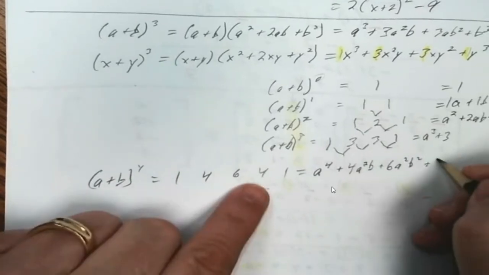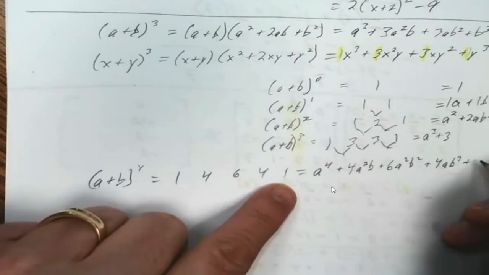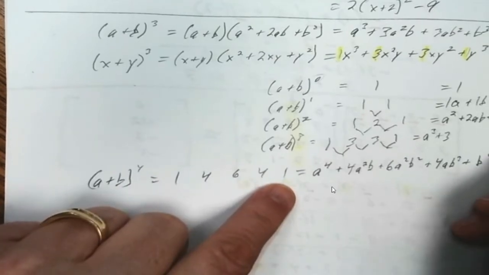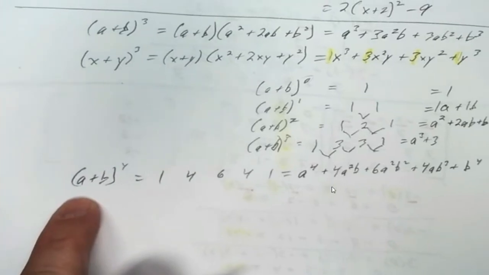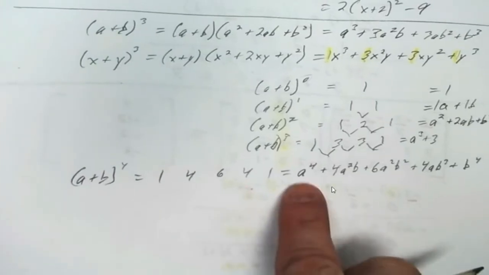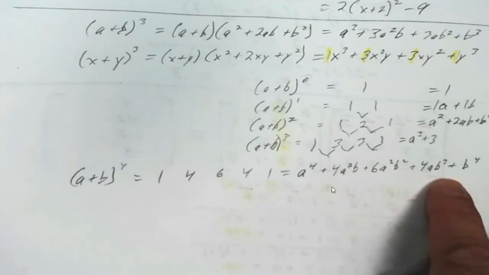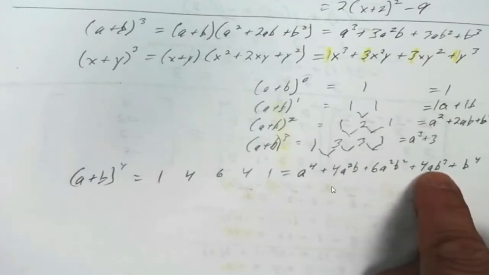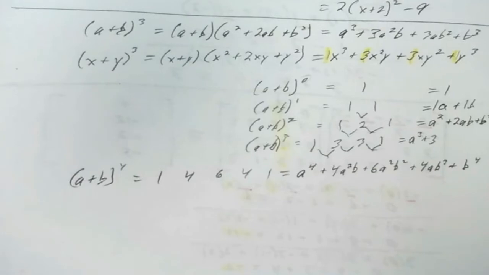Plus another 4ab to the third, and then finally just 1b to the fourth. So if we had x minus 2, we could just substitute 2 and x in there and then solve it. Because 2 squared, 2 to the third, 2 to the fourth, we could write the whole thing across there, the negative 2.